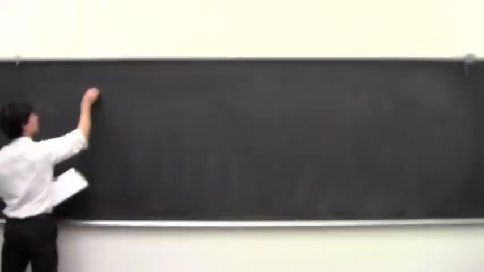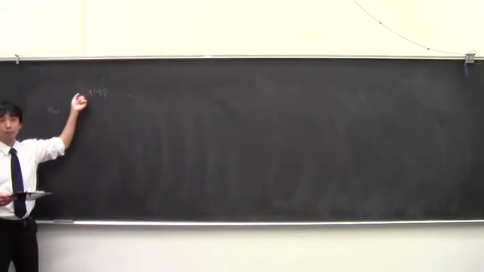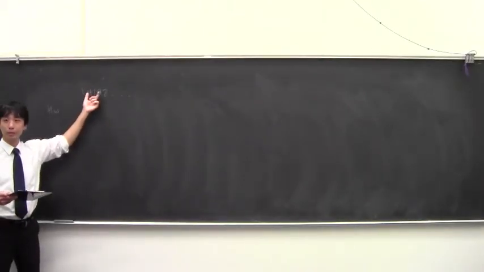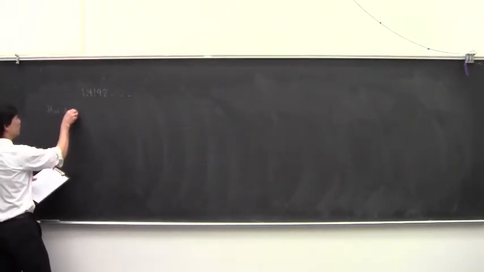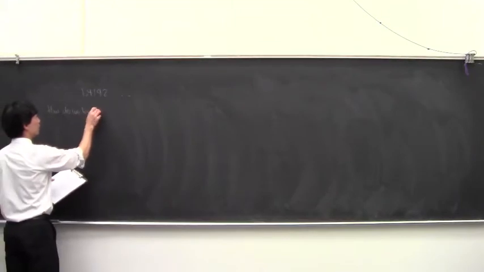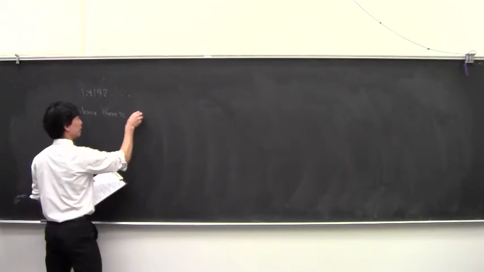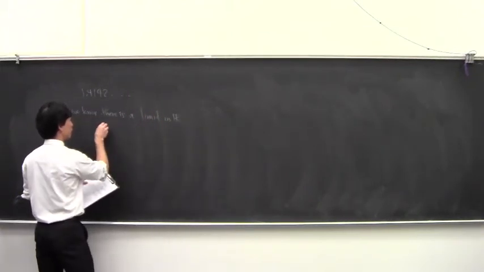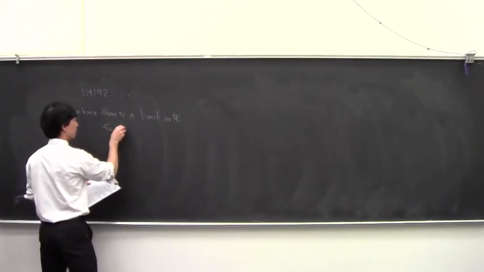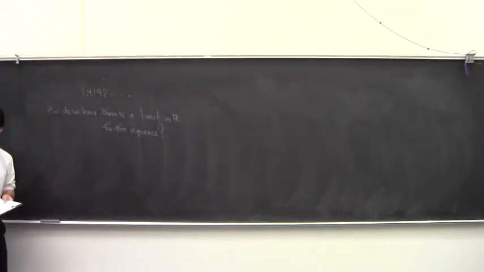Here's the question. Remember earlier we were talking about this sequence of numbers, 1, 1.4, 1.41, 1.414, 1.4142, et cetera. How do we know there is a limit in R for this sequence?